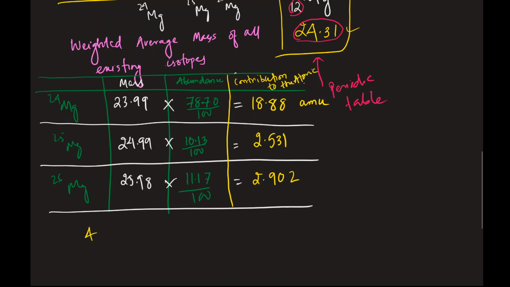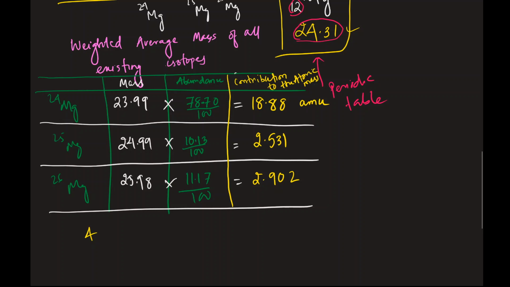Mg24 exists in nature at 78%, so obviously it is contributing a lot more. That's why it's 18.88. If you compare that with Mg26, it only exists at 11.17%, so its contribution towards the magnesium mass is going to be very small.